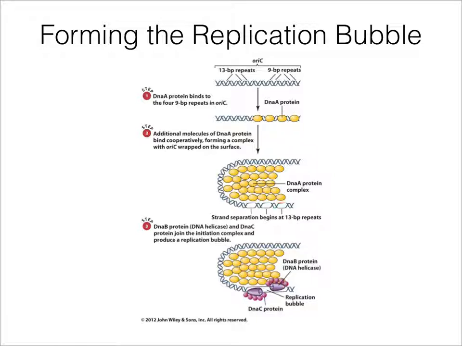So what you end up with is a whole bunch of DNA-A binding to each other and binding to these 13 base pair repeat sequences further down, and they're going to bend the DNA back over on itself.